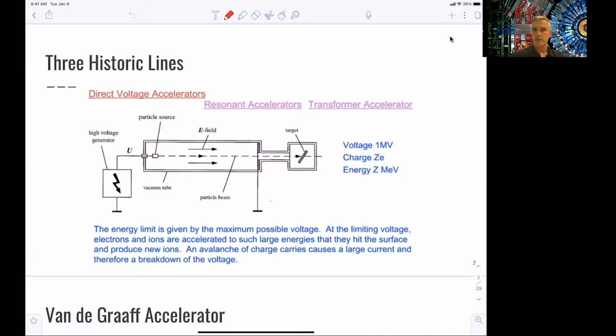When you're thinking about accelerators used for colliding beams, it's not just the energy which is a limiting factor, but you also need a sufficient number of particles to be accelerated and brought to collisions, and those particles need to be in some sort of beam which is narrow such that collisions are possible.